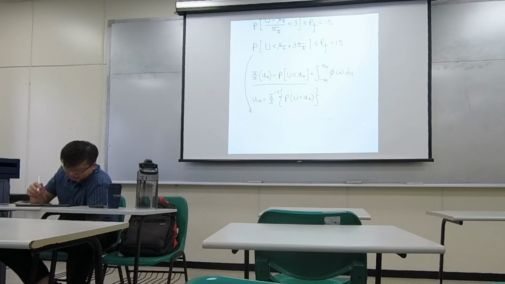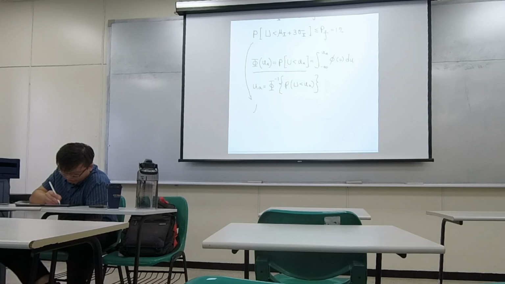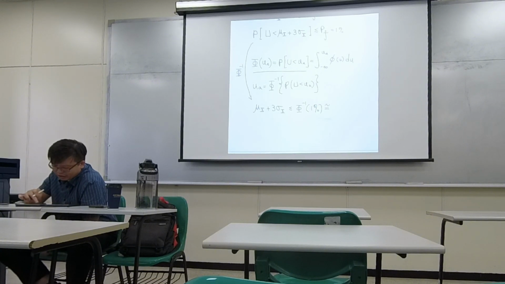Oh, yes. If I do that, I will get U A, right? So mu X plus 3 sigma X, after applying this, smaller than 1%.